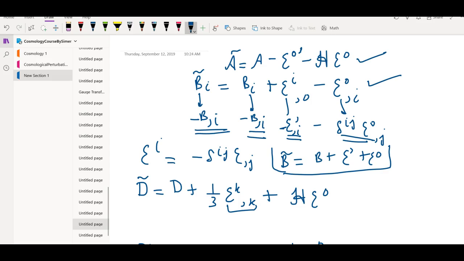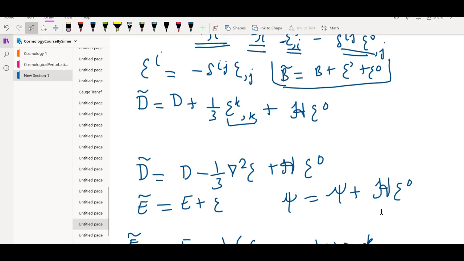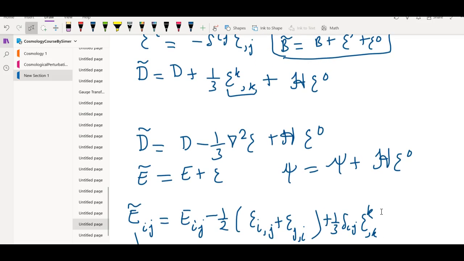Now let's see how this is impacted. Again, d tilde is d tilde, d is d, but e k I am now going to express in terms of its gradient, and when we differentiate that with k, this becomes del square e minus del square e.